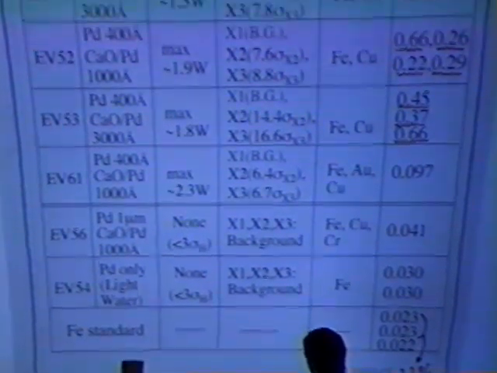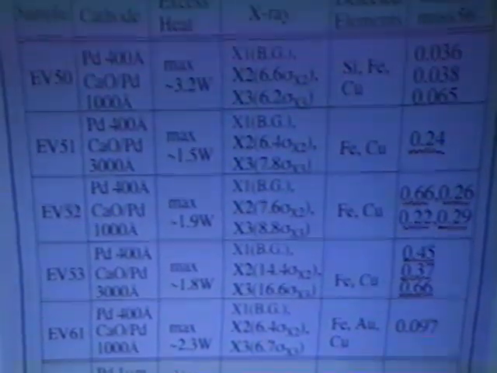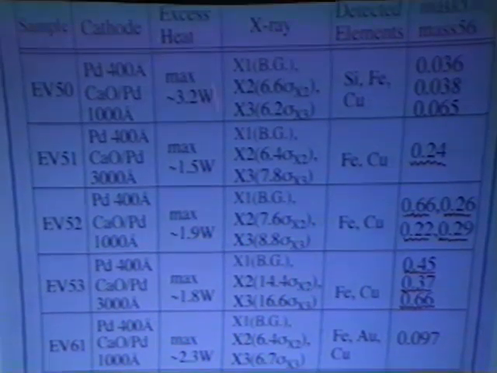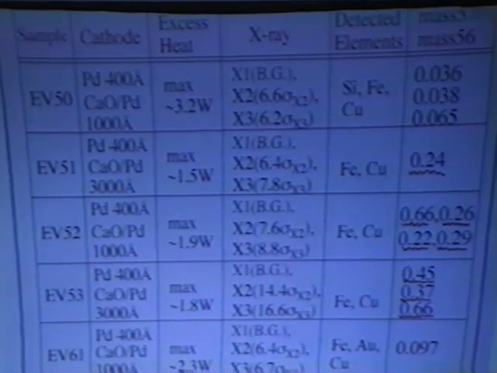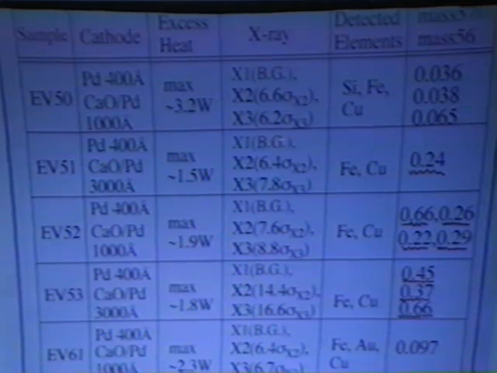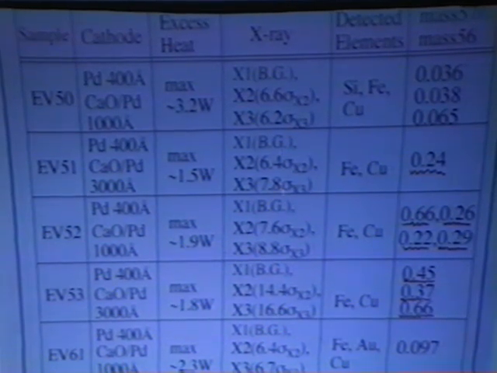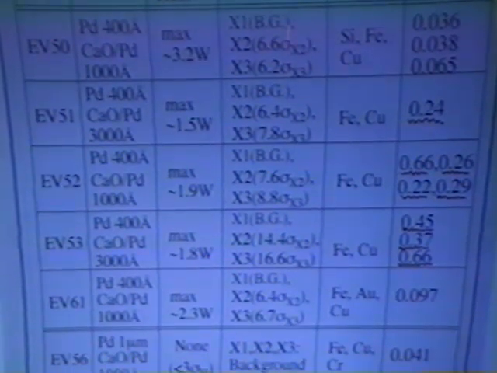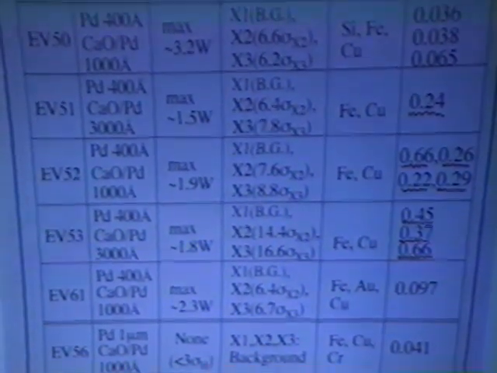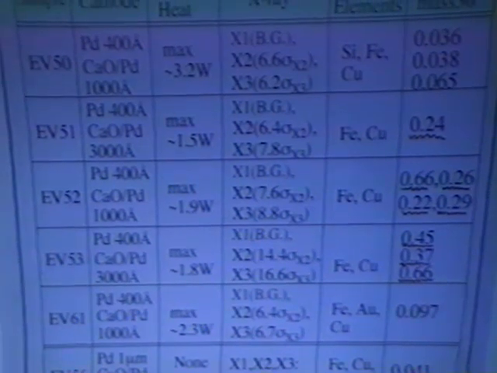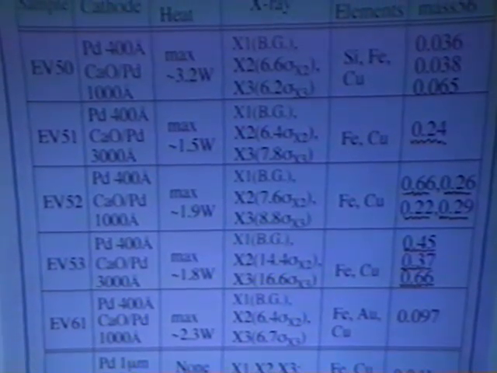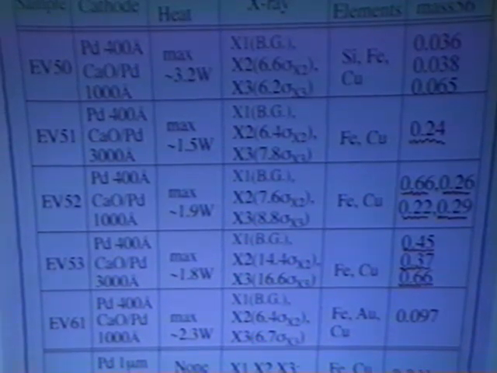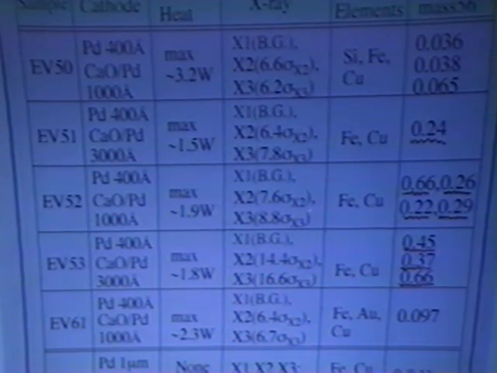We can see that in all of the cases of multi-layer cathode, we can detect the excess heat and X-rays. About X-rays, X-ray 2 and 3 are simultaneously detected. And this value is a peak value. And in this column, we show the detected elements after an experiment.